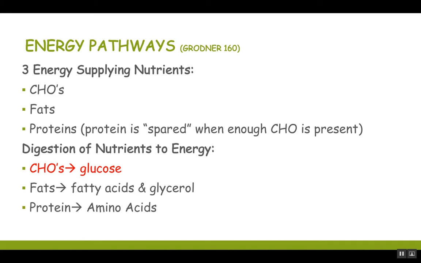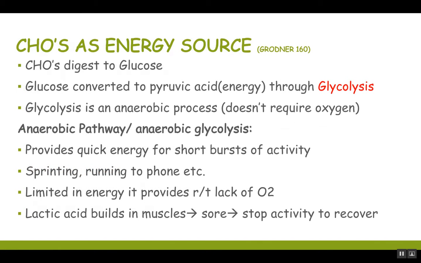We call it a protein sparing effect. When there's enough carbohydrates present, you don't need to use protein for energy. When these foods are ingested and broken down, carbs metabolize down to glucose, fats go to fatty acids and glycerol for energy, and protein goes to amino acids that your body uses for energy.